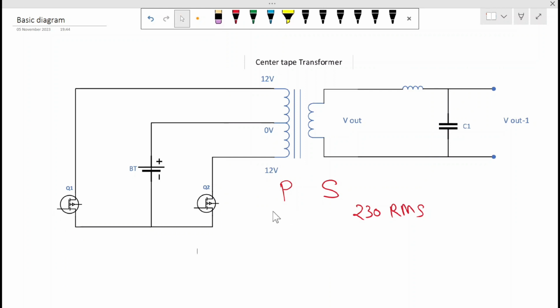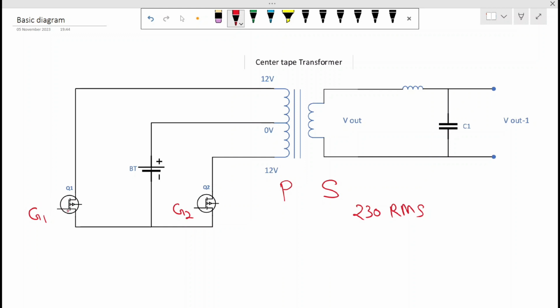Now I will explain its functionality, how it will work. Before that I will define it here. This is the G1 trigger pulse and this is the G2 trigger pulse: gate trigger for Q2 and gate trigger for Q1.